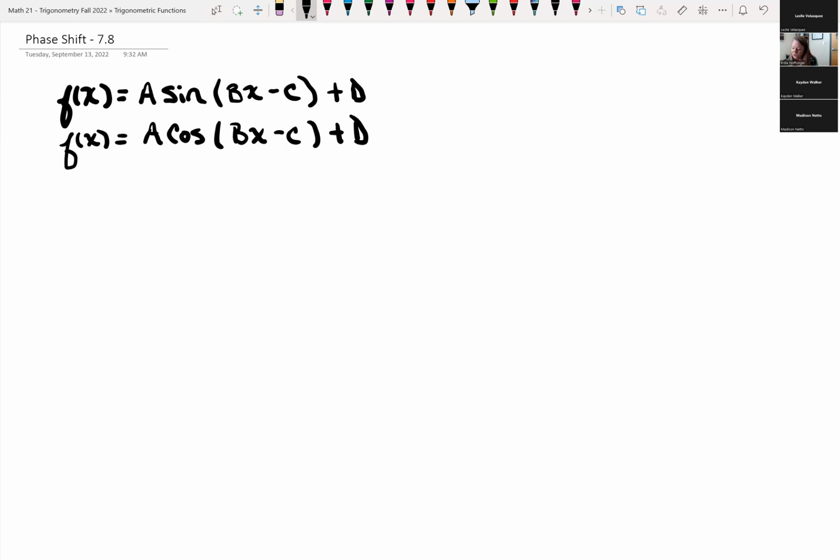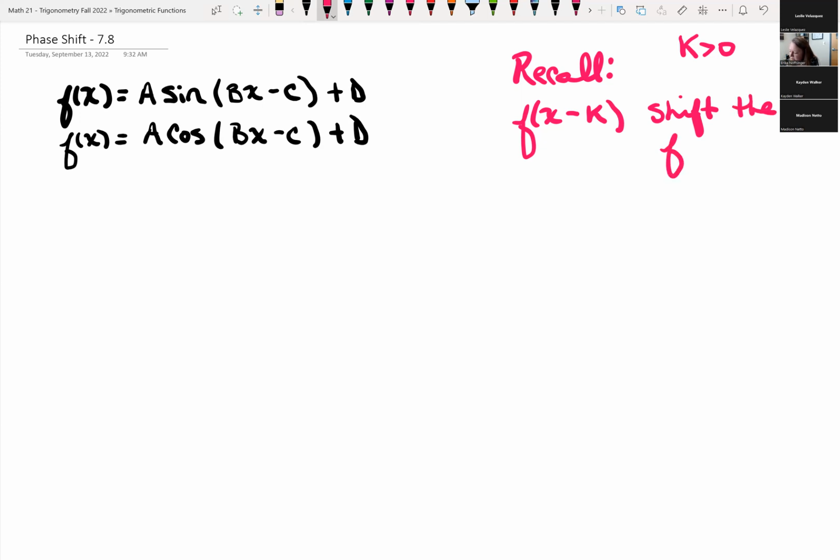And so recall, when you're dealing with some function, let's say f of x minus k, where k is a number that's greater than 0, then this shifts the graph of f of x to the right k units.